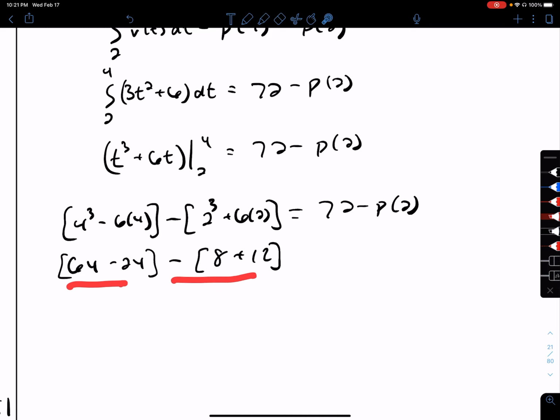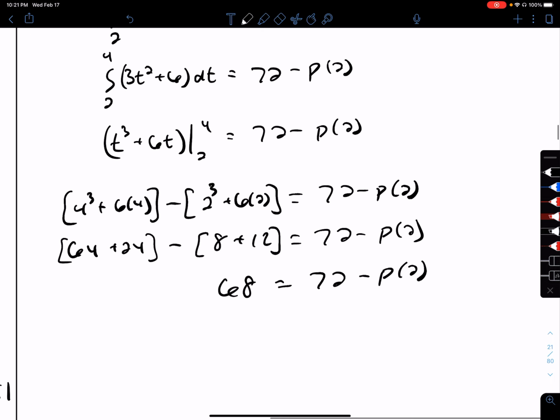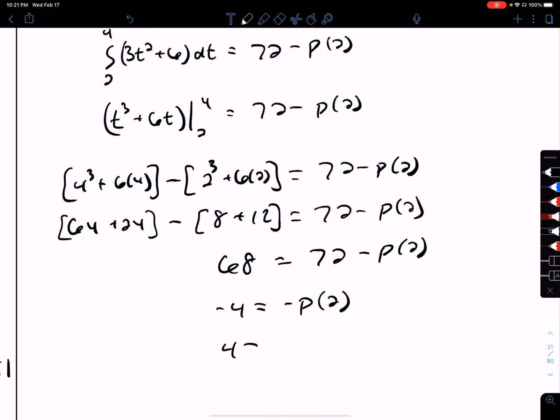I'm sorry, I made a mistake right here. This is a plus sign. That's going to give us 88 minus 20. So that's going to be 68. If we subtract 72 from both sides, we get negative 4 is negative p of 2. Therefore, p of 2 is going to be 4.